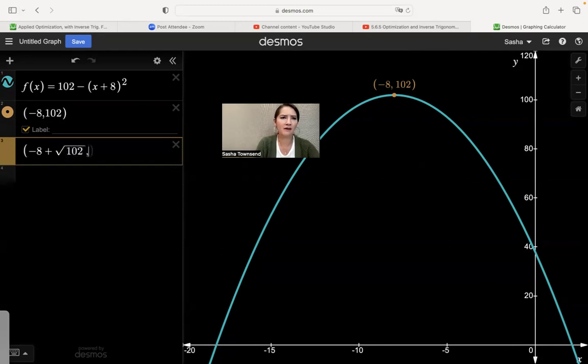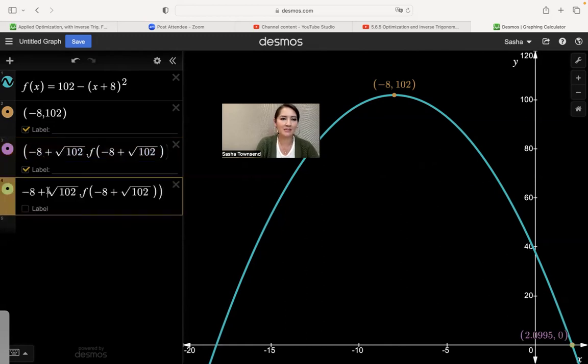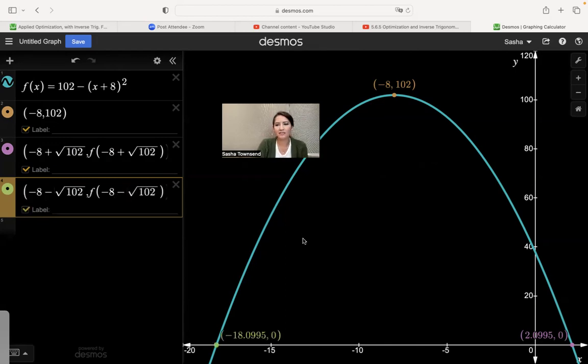I think I may have said that wrong. And then we would evaluate our function there. Or do the same thing, but instead of adding the square root of 102, we subtract the square root of 102. Evaluate our function there.